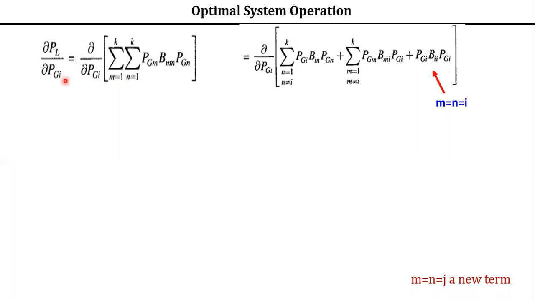Because we are dealing with the ith plant, we have separated that ith plant equation from this one. Whenever you are separating it, you can write one more intermediate step, and this summation becomes m is equal to 1 to k, but m is not equal to I, and n is equal to 1 to k, but n is not equal to I, isn't it? So that equation plus this one you are going to get.